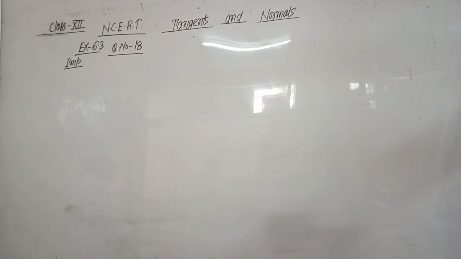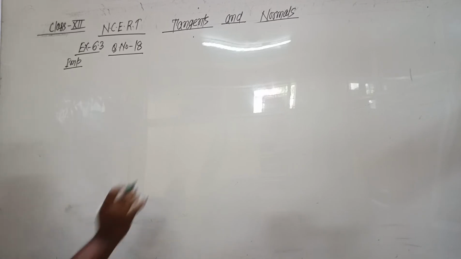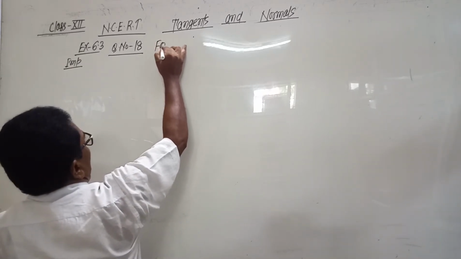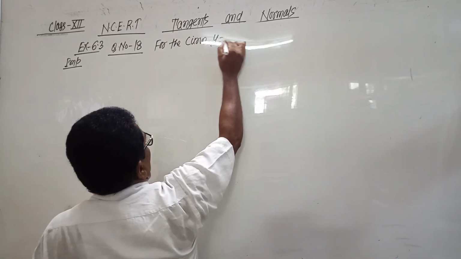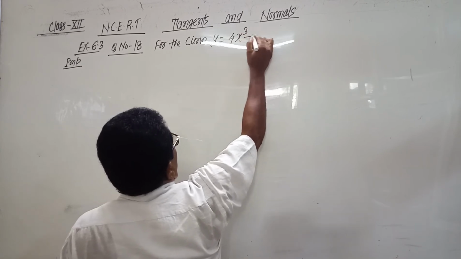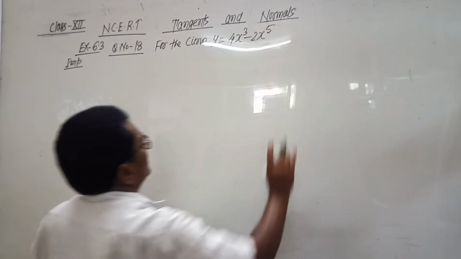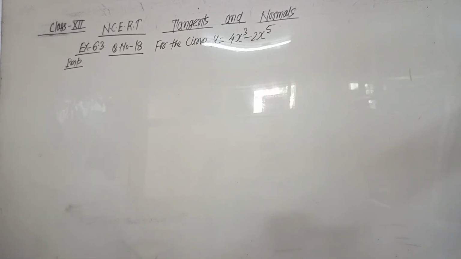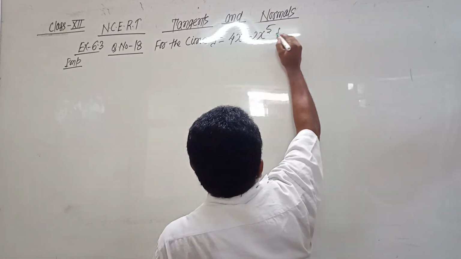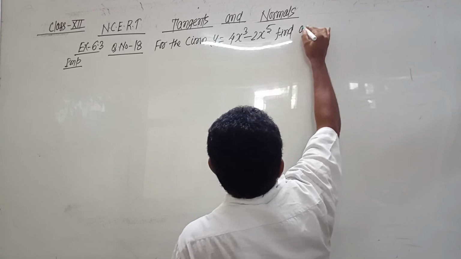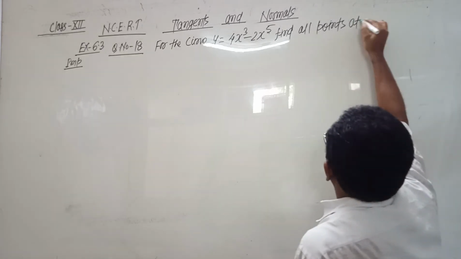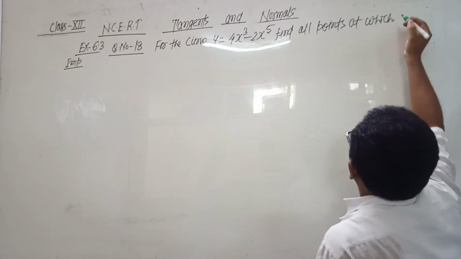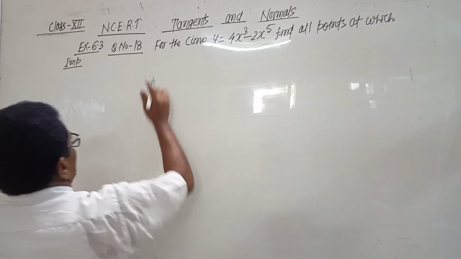Find the points for the curve y equals 4x cube minus 2x raised to the power 5, at which the tangent passes through the origin.